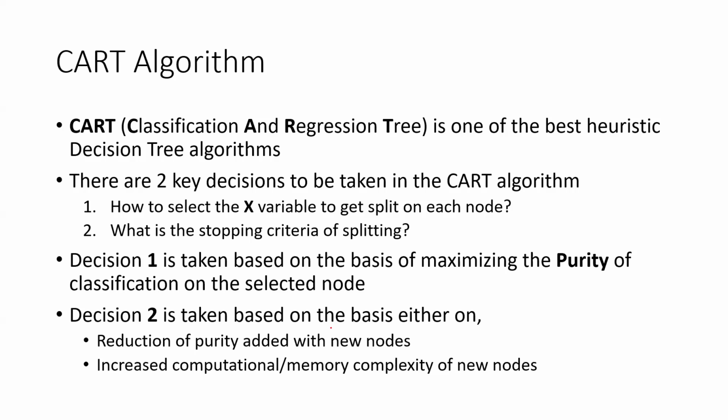So now let's see what the CART algorithm is. CART stands for classification and regression tree. This is the name of this algorithm, where you can use it for both classification and regression.